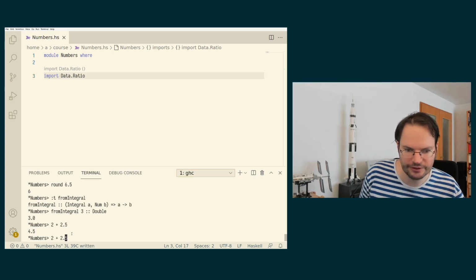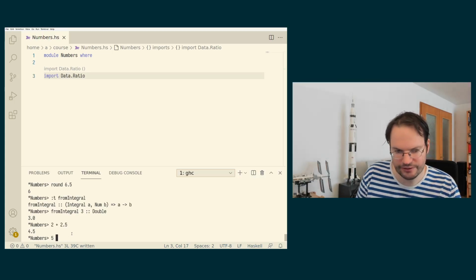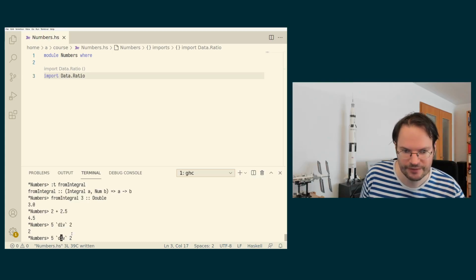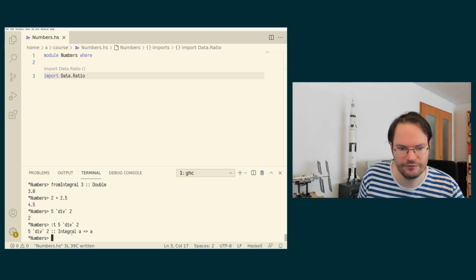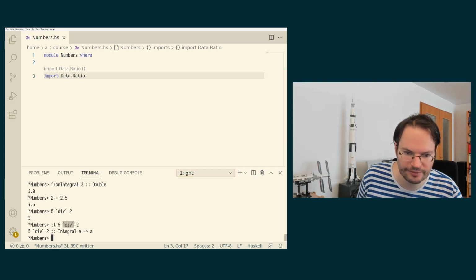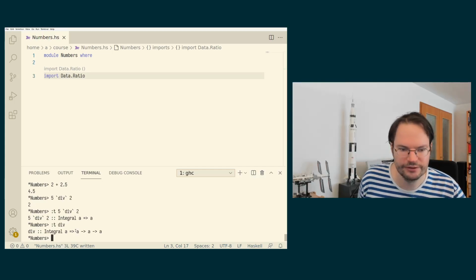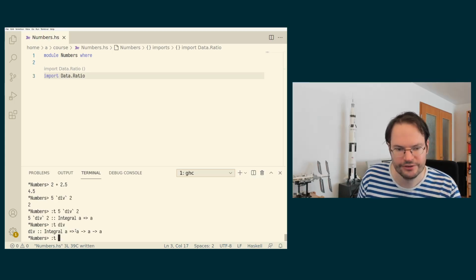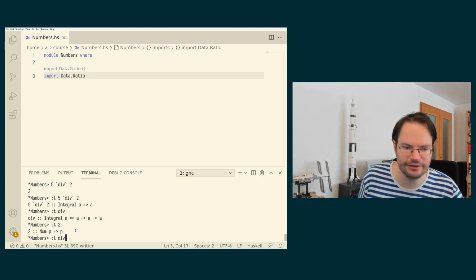So for example, if we have the integer division of 5 and 2, then we also get 2 out, but the type of 5 divided by 2 is restricted to be a part of the Integral class, because we have already been applying the division function, which restricts its argument to the Integral class. So the type of 5 divided by 2 is more limited than the type of just writing 2.